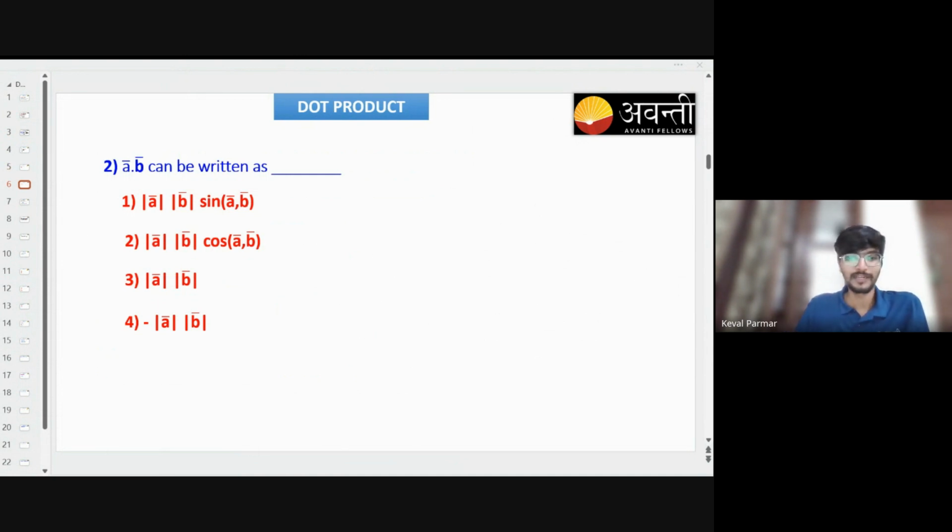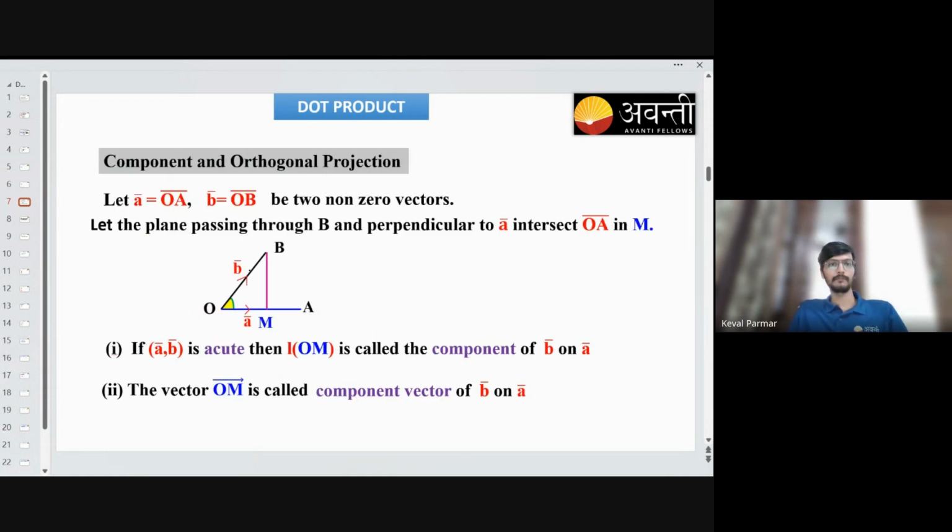I'm waiting for your answer. This is the definition, that is mod A mod B cos theta, which means A to B. Let's see the next question.